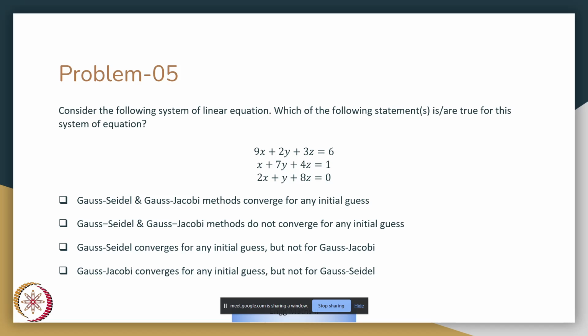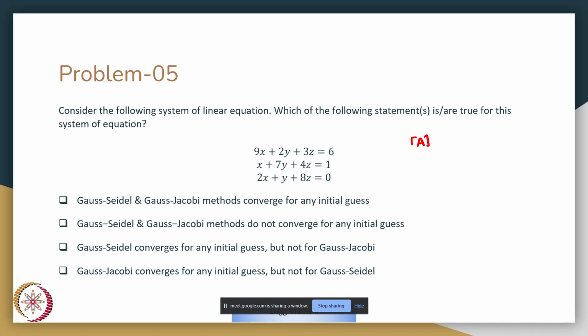If the matrix is diagonally dominant, then we know that both the iterative methods will converge for any guess and we don't have to do anything else.